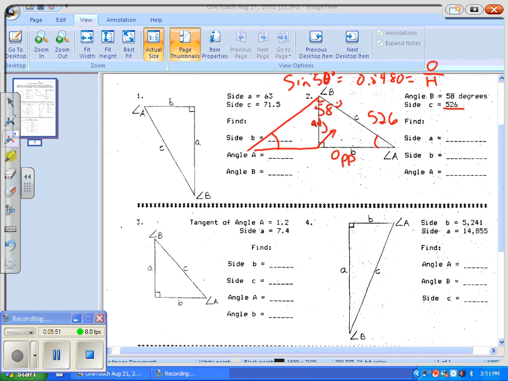Don't we know one of those? We know the hypotenuse, so we're going to plug in the hypotenuse, which is 526.